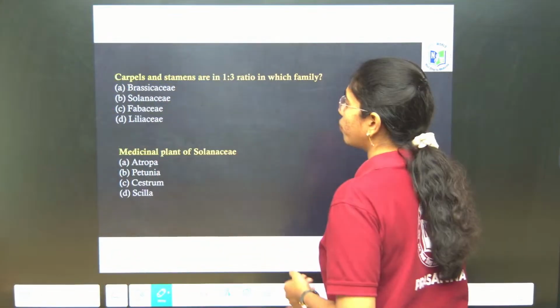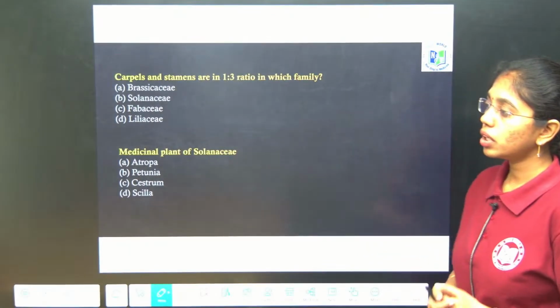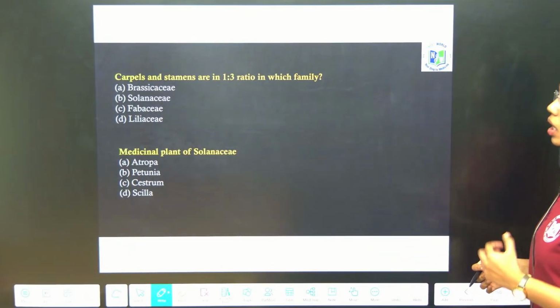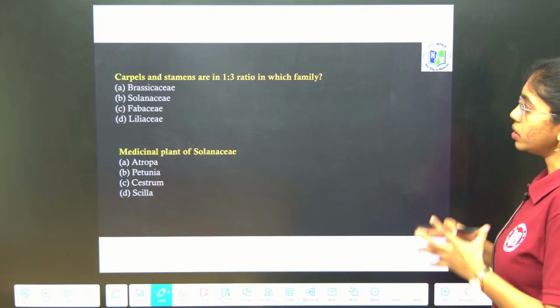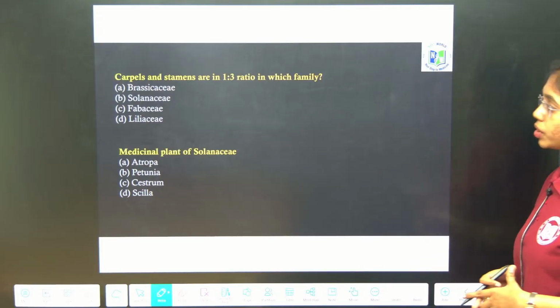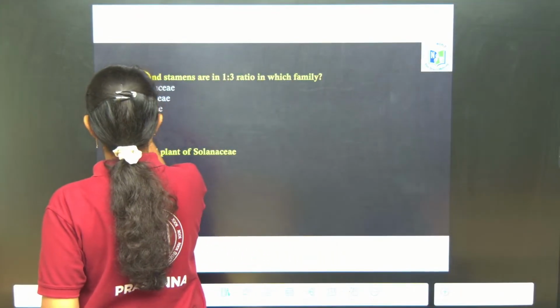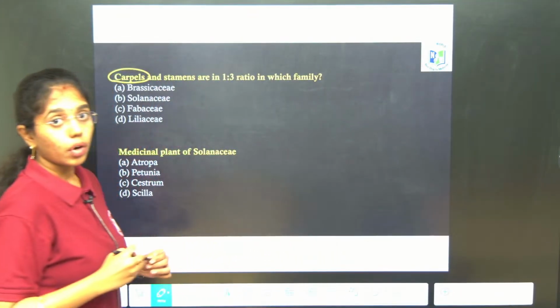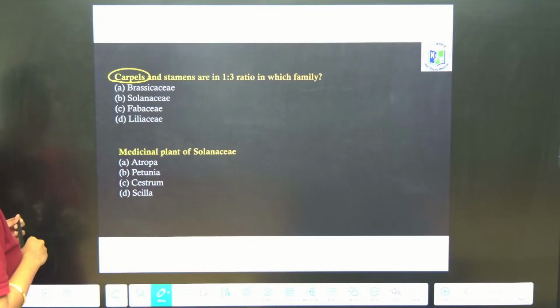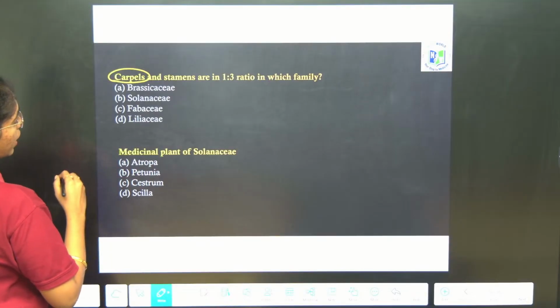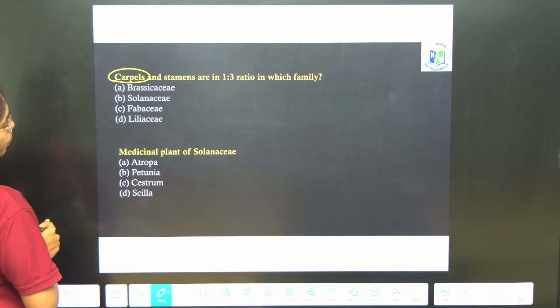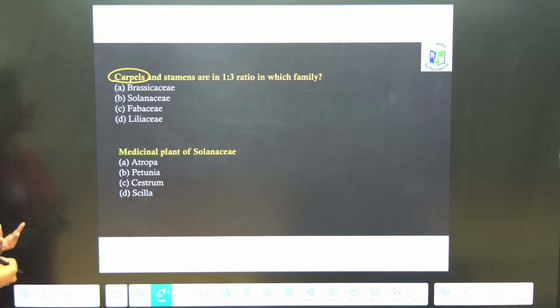Last question of today's session. See it carefully and answer. Carpels and stamens are in 1:3 ratio in which family? In Brassicaceae, how many carpels are present? 2 carpels, right? He is asking for a 1:3 ratio.